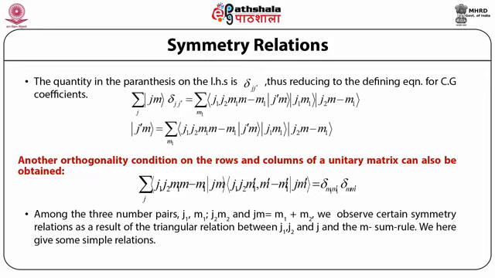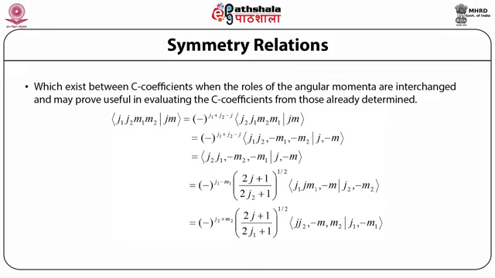So among the three number pairs, that is j1 m1, j2 m2 and jm, where m is equal to m1 plus m2, we observe that there are certain symmetry relations as a result of the triangular relations between j1, j2 and j, and the m sum rule that we have applied, that is m equal to m1 plus m2. Symmetry relations.